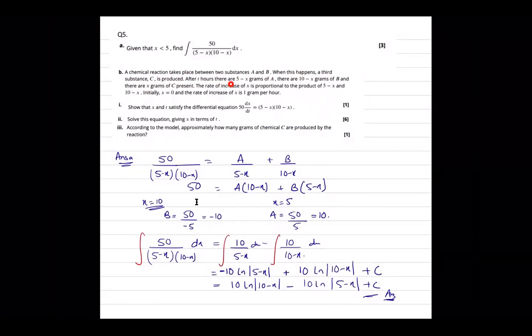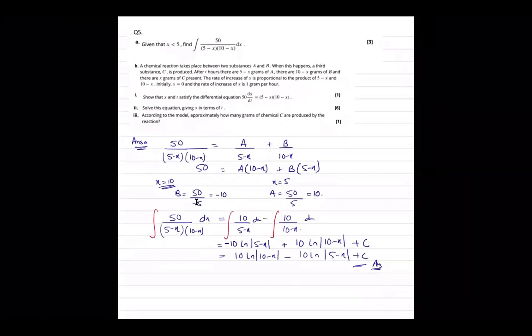After T hours, there are 5 minus x grams of A, there are 10 minus x grams of B, and there are x grams of C. After T hours, the rate of increase of x is proportional to the product of 5 minus x and 10 minus x.